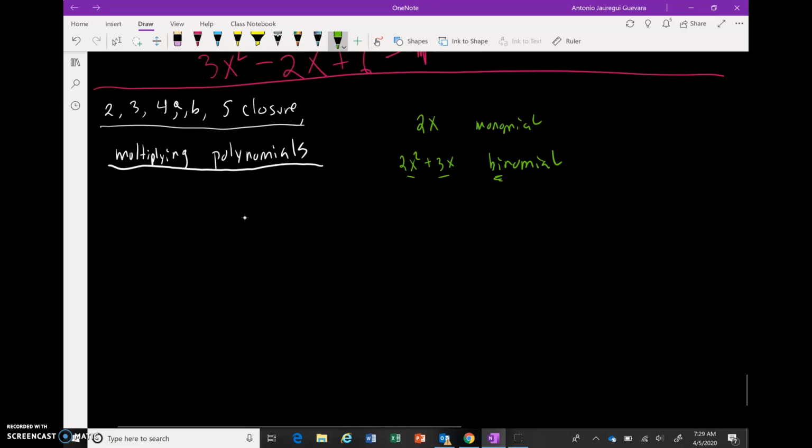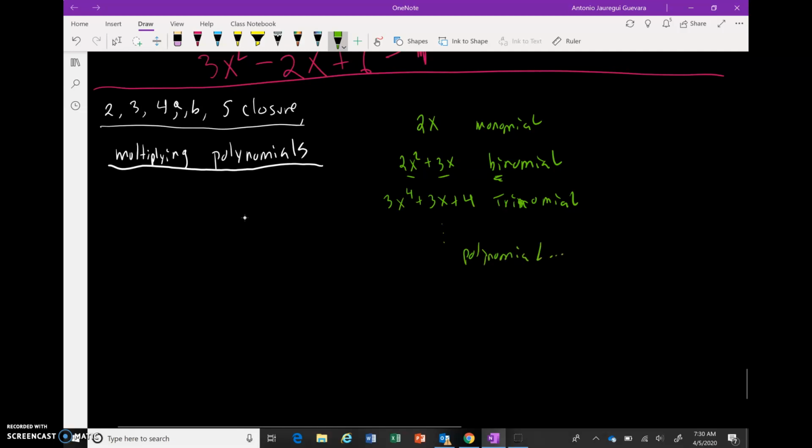Then if we have 3 terms, like 3x to the 4th plus 3x plus 4, then we can call that a trinomial. Anything bigger than that, I haven't seen the book call it anything else. I think after that we just call it a polynomial again.